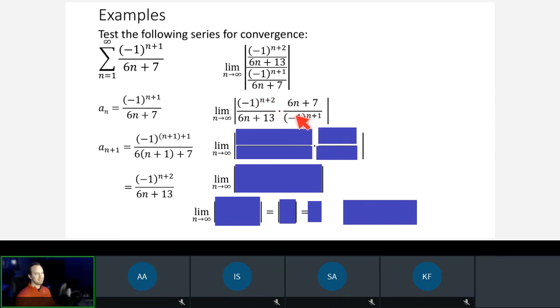So this is already -1 to the n plus 1. This is to the n plus 2. So I want this exponent to match this exponent. So how can I expand, using our exponent rules, this numerator? -1 in parentheses raised to the... Antonio, you were almost right.